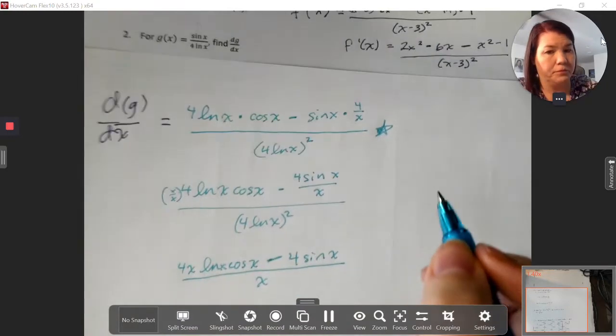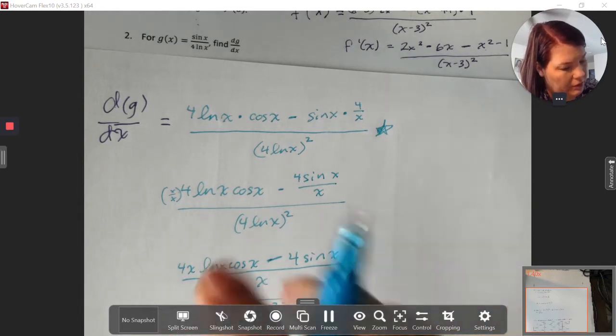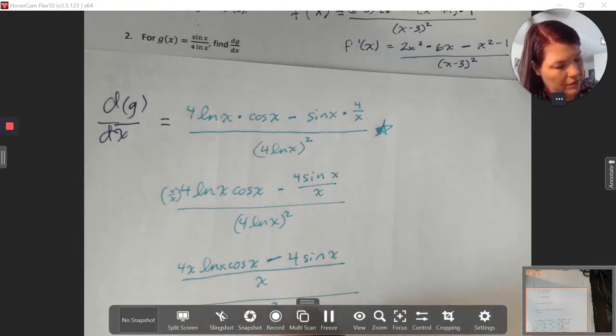Okay, and that's all over 4 ln x squared, which becomes 4x ln x cosine x minus 4 sine x over x times 1 over 4 ln x squared.